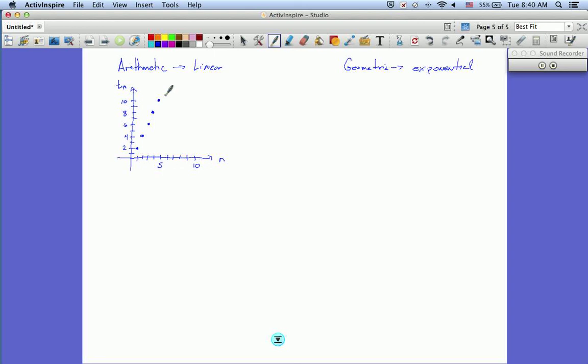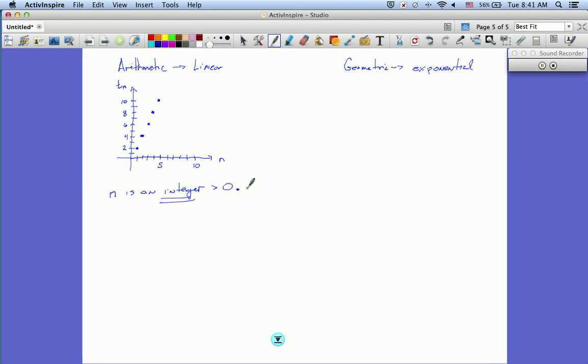Well, that looks like a linear graph if I'm a kid and I play connect the dots. The difference though is there is no 1.5 value. There's no 2.5. There's no 3.5. There's term 1, term 2, term 3, term 4. n is an integer, and it's an integer that is greater than 0.